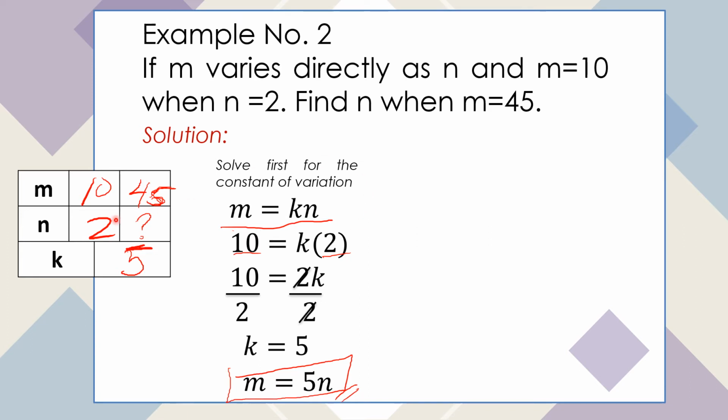Then we find N when the value of M is 45. We have M equals 5N, so 45 equals 5N.